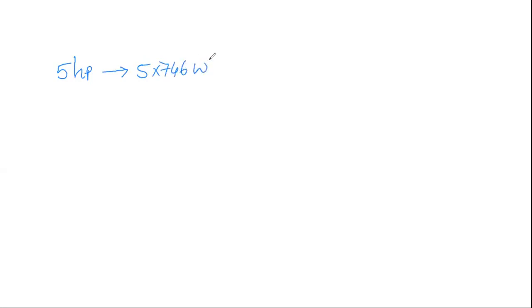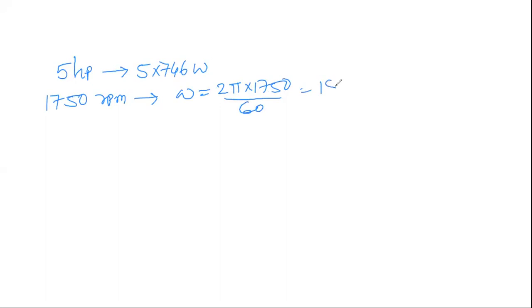The speed is 1750 RPM, and we would like to calculate it in radians per second. It is nothing but 2 pi into speed in RPM divided by 60. This comes out to be about 183.16 radians per second.